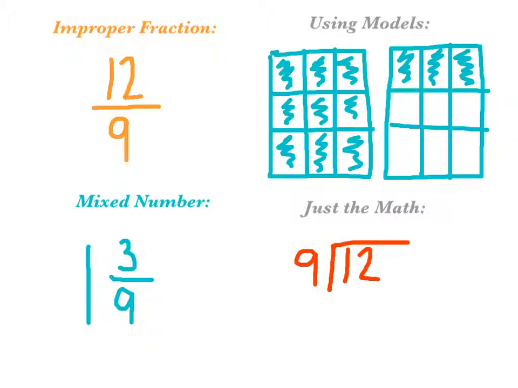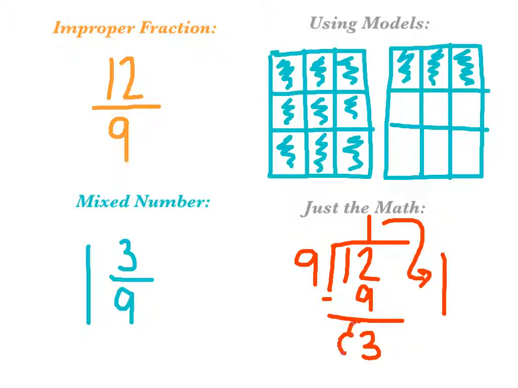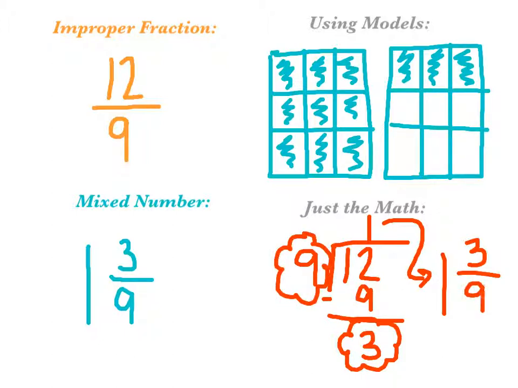Okay. So 9 goes into 12 one time. And if we subtract, we get a remainder of 3. So our 1 is our whole number. Our 3, or our remainder, becomes our numerator. And our original number that we're dividing by would be our denominator.